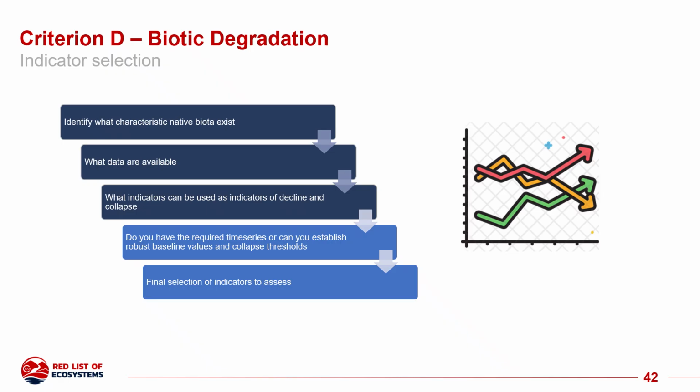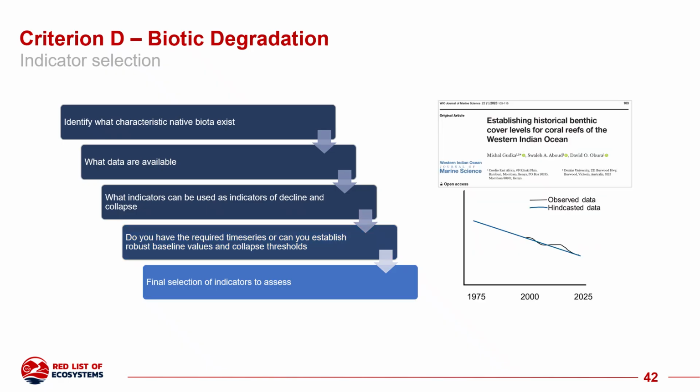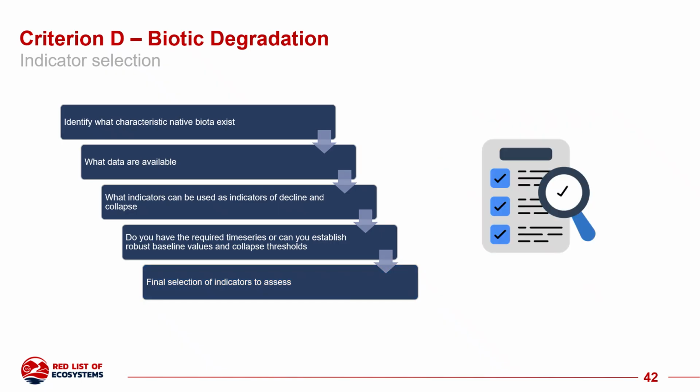Establish a baseline reference state, typically representing conditions from 50 years ago, to serve as a starting point for assessing decline. Define a collapse threshold for each indicator, the point at which that component is no longer providing its essential ecological role, and the ecosystem is considered functionally disrupted. Finally, select indicators that have sufficient data, a clear reference state, and a defined collapse threshold.